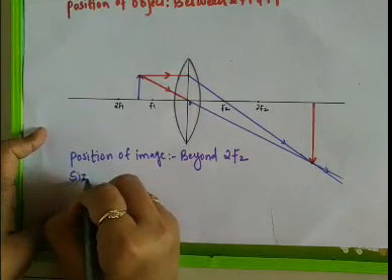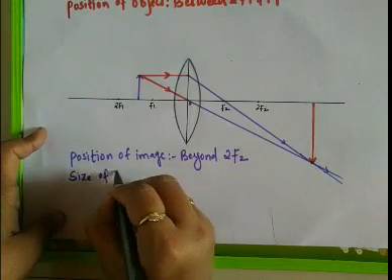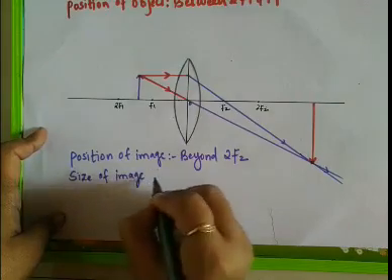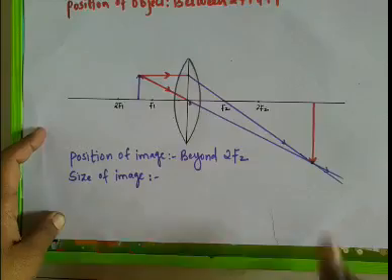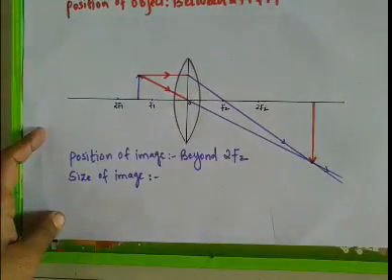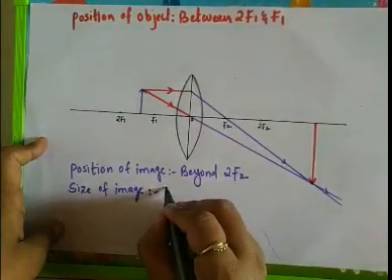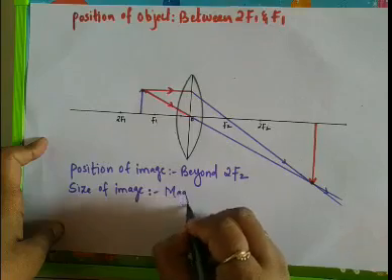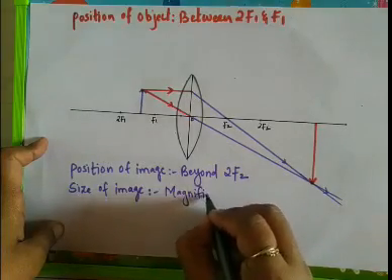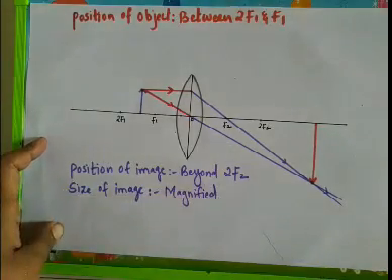After this, we need to describe its size also, size of image. By looking only you can say that the image is bigger than the object, or you can measure it also. So we can say the image is magnified. Magnified means it is bigger than the object.